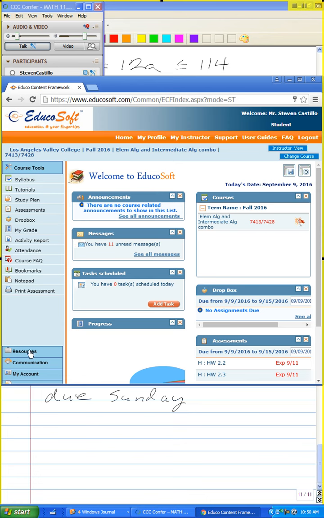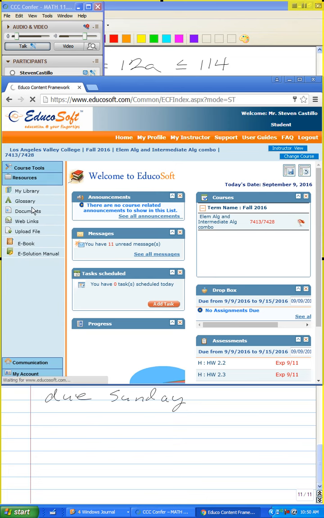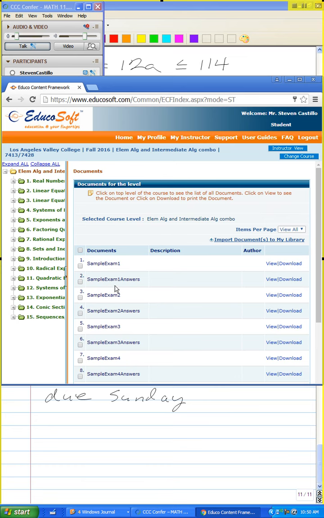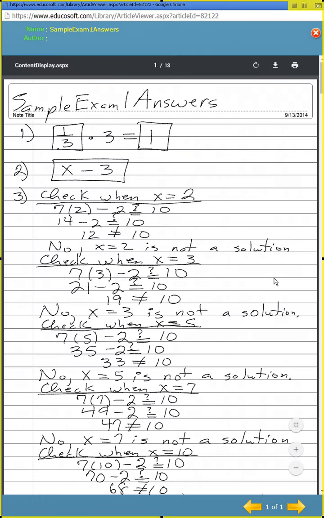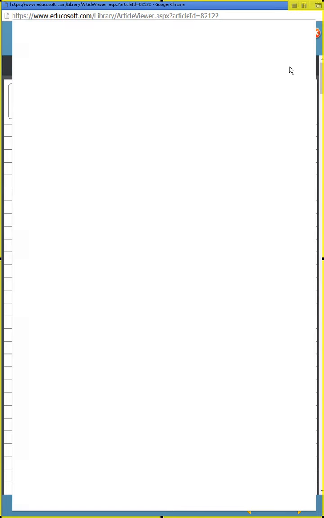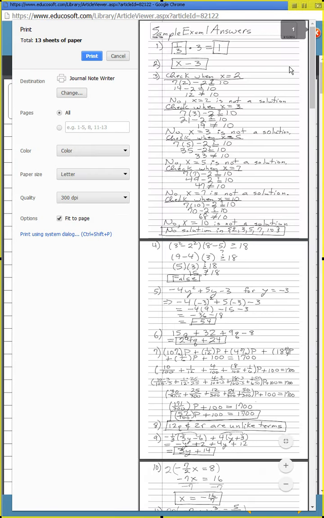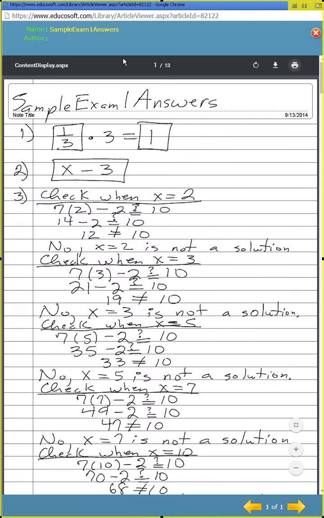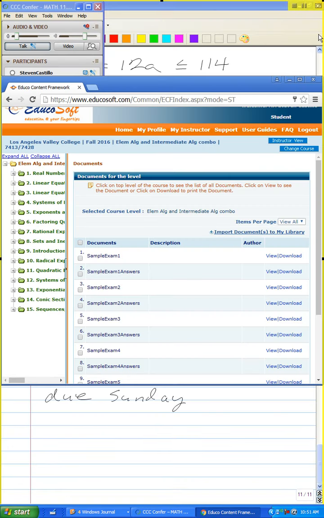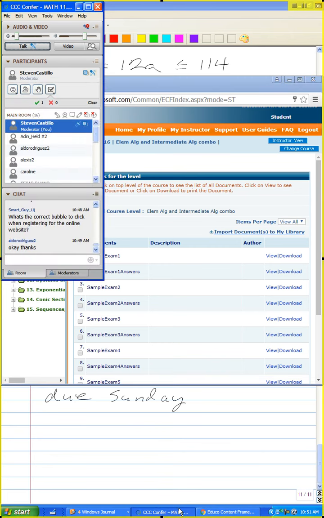You could go to resources, documents, and you see here where it says sample one exam, it says download. Well, you can just download it, and that will download it to your computer. Or if you wanted to view it, you could view it, like I just did here, and from there you could print it. Just click on print. So that shows you how to. Is that clear?